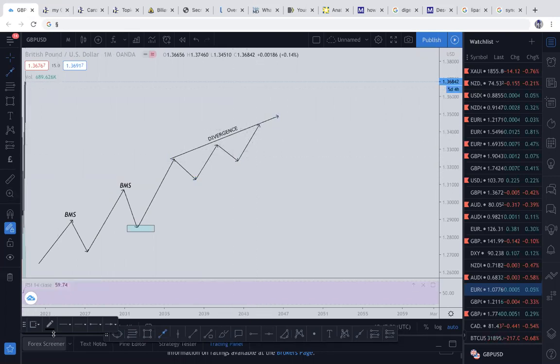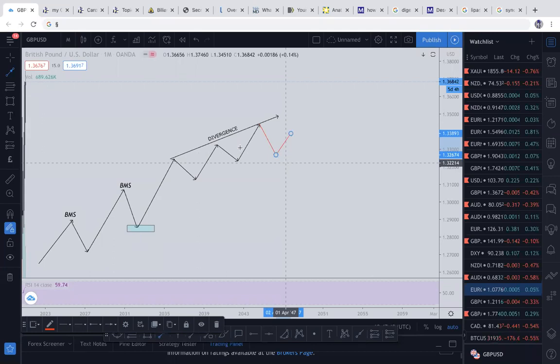In the case when we fail to create a higher high, at this point in time, this is a signal telling you that price is getting ready to do something different from what you're already seeing.